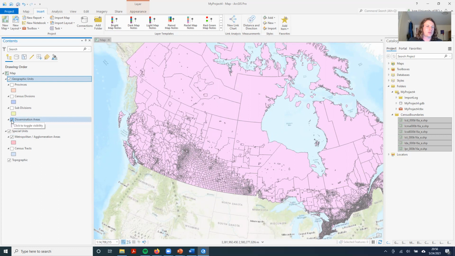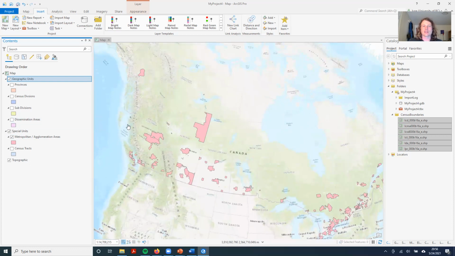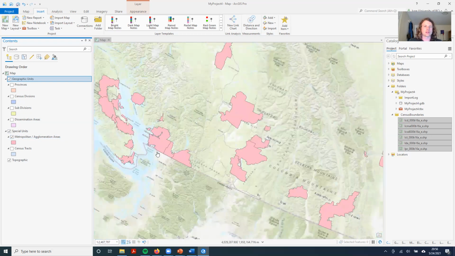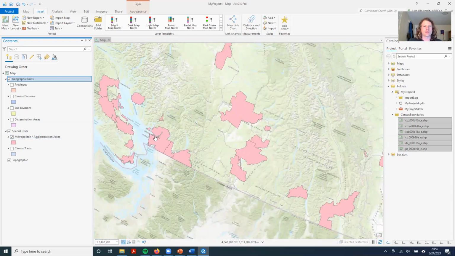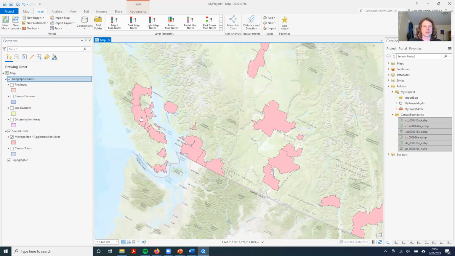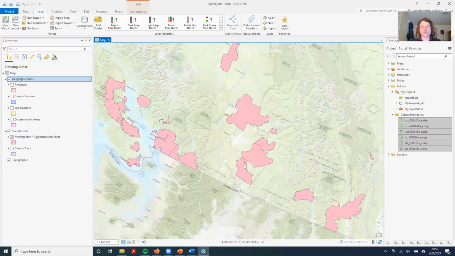And then we've also got these special divisions. So we've got census metropolitan areas and census agglomeration areas. So for instance, again, Metro Vancouver is its own census metropolitan area, or Port Alberni is a census agglomeration area.